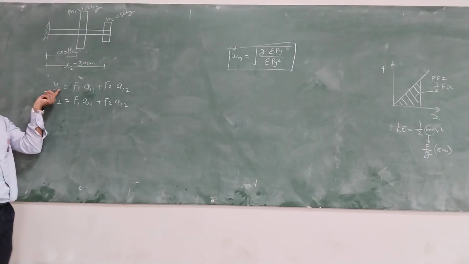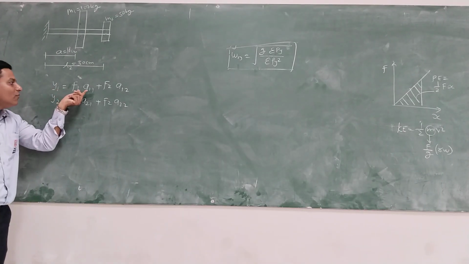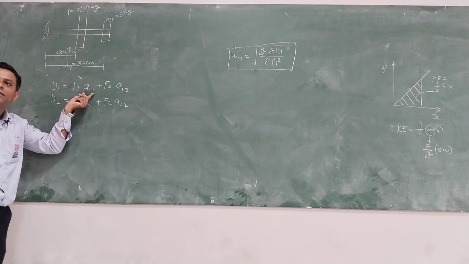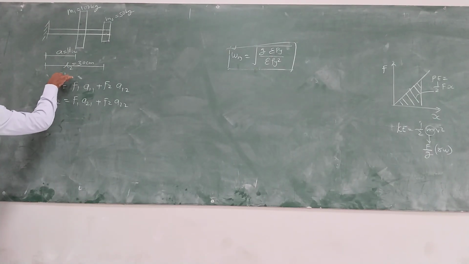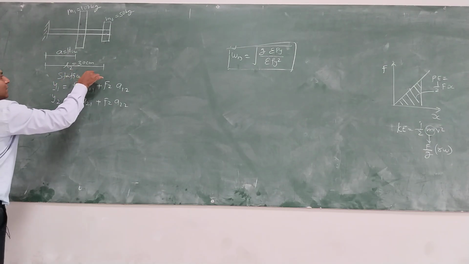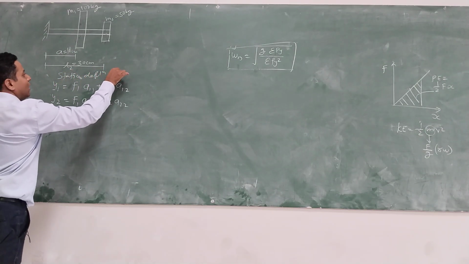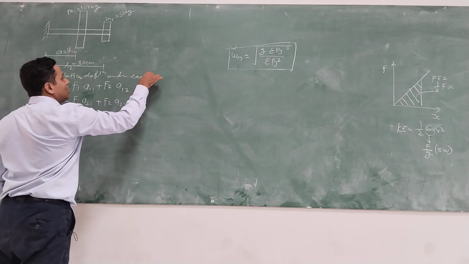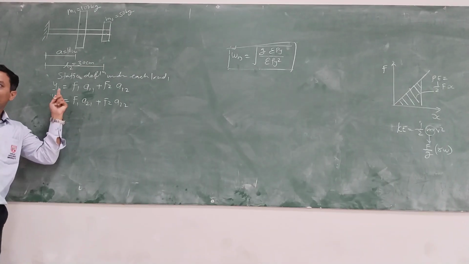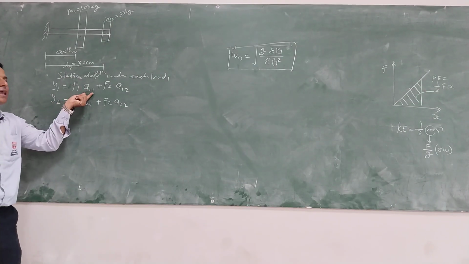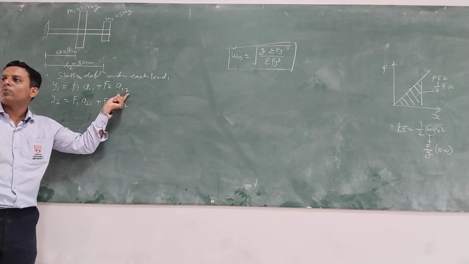Now to determine this static displacement, we will have to determine influence coefficient. So I will write here, static deflection under each load is given by this formula, and to determine this we will require A11 and A12.